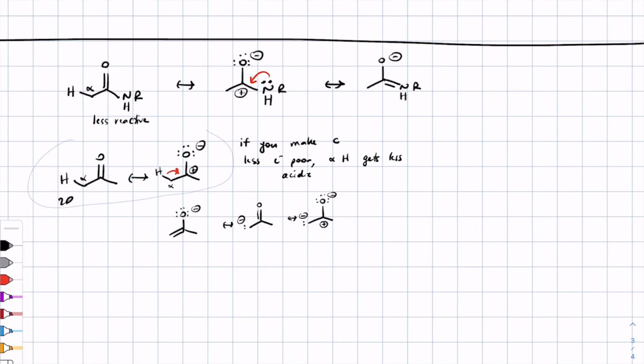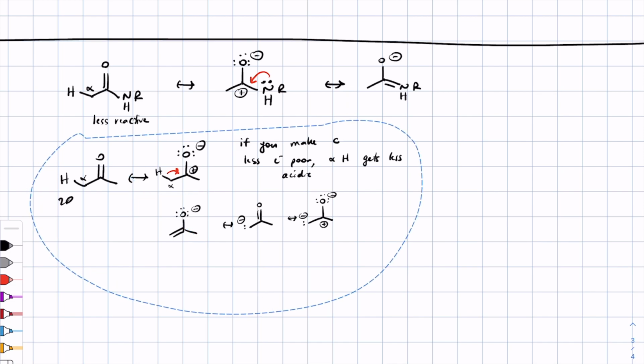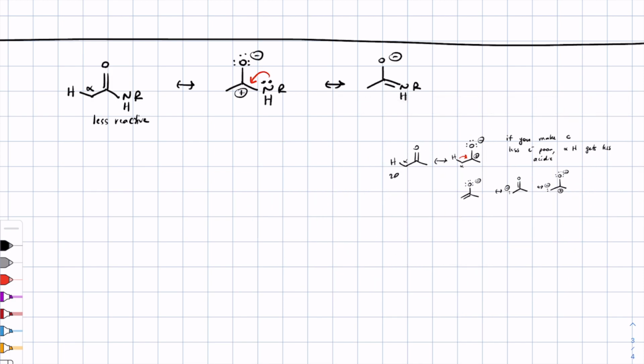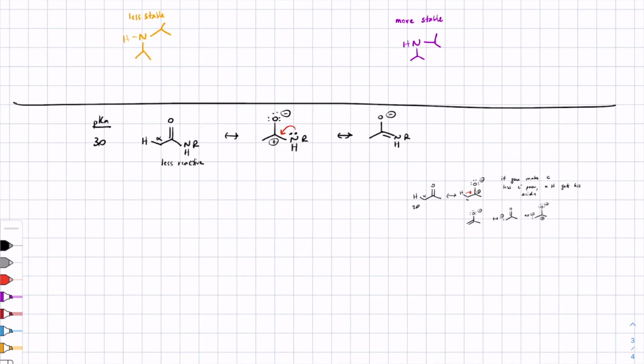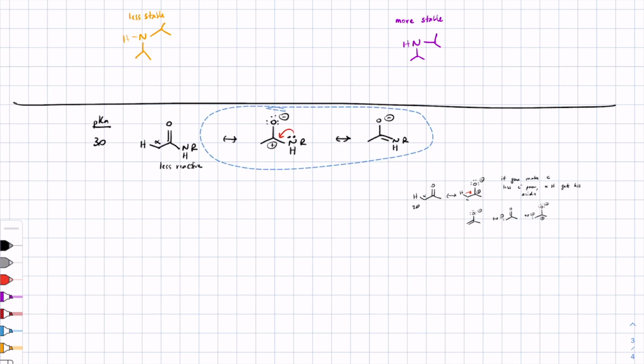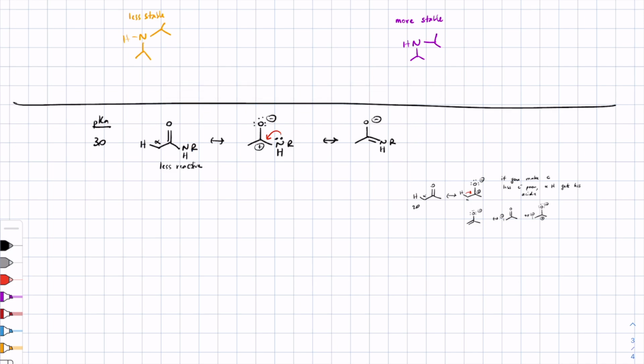Yes, another way to say that is to make the carbon electron rich. Right, less electron poor would be more electron rich. Good. If you make the carbonyl carbon more electron rich, then the alpha proton is going to be correspondingly less acidic.